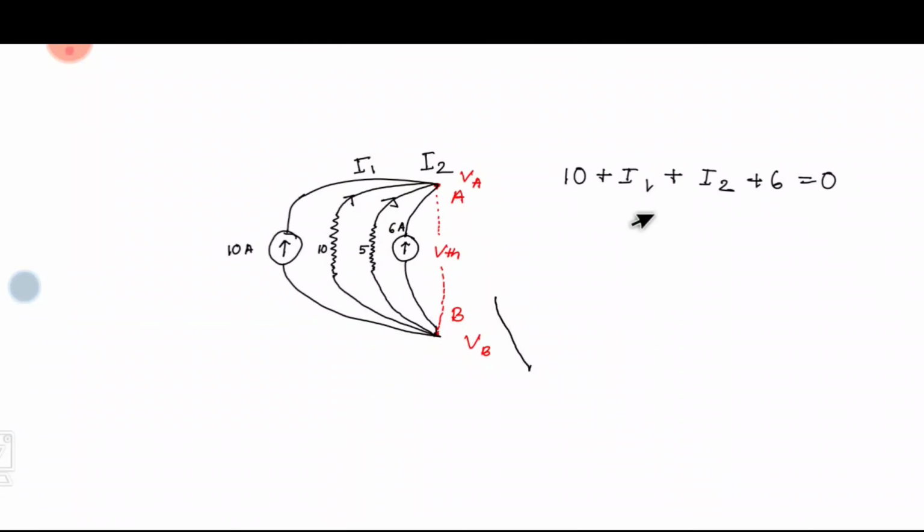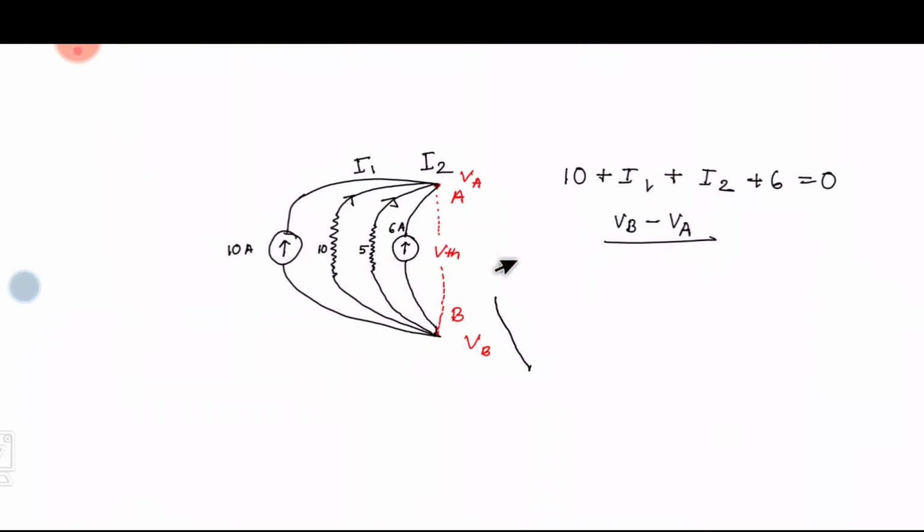Now we will find I1 and I2. Look, in this branch I1 is passing from B to A, so I1 would be VB minus VA, where VB means the voltage at point B and VA the voltage at point A, divided by the resistance.